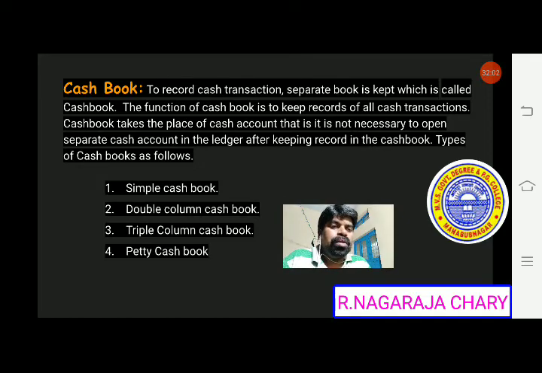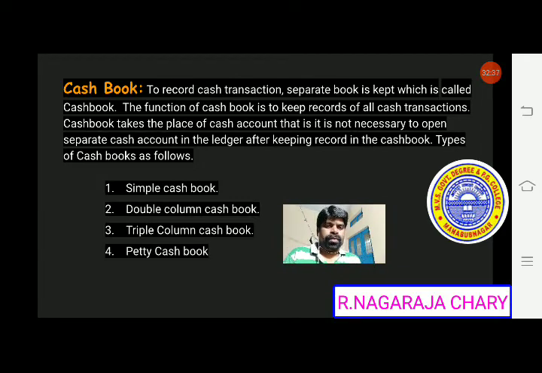Here in the cash book all the cash transactions are recorded: cash payments and cash receipts, whatever cash we received and whatever cash we paid.